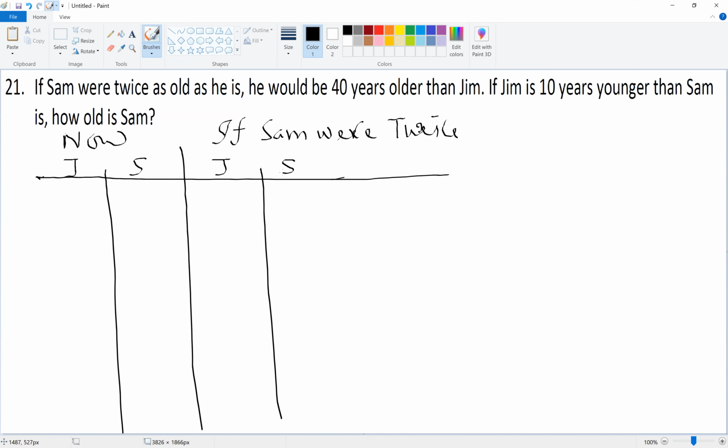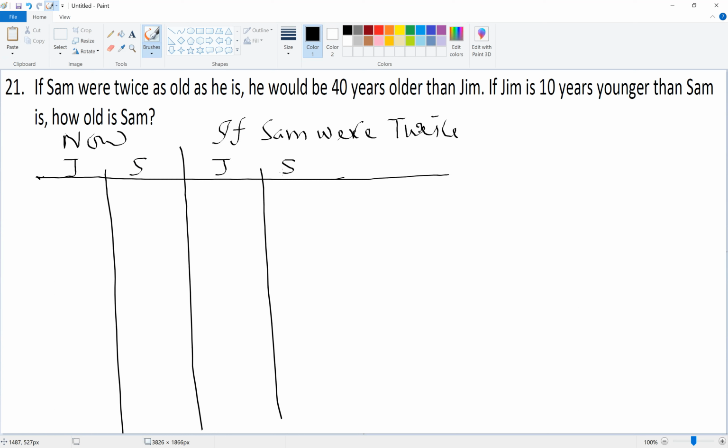If Sam were 15, Jim would be 5. And if Sam were twice as old, 15 times 2, you would get 30. And 5 times 2 is 10, but the difference is only 20. So Sam would need to be 20 years older.